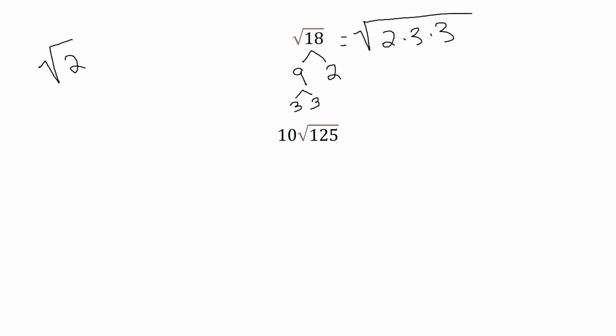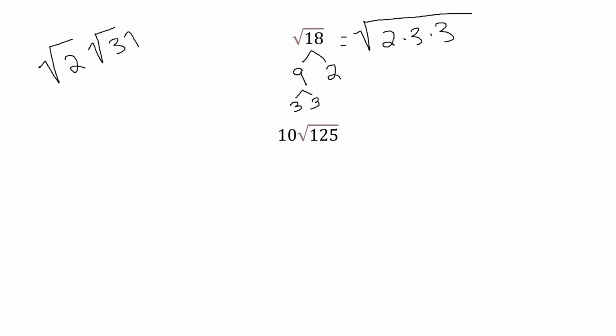This first one is square root of 18. So step 1, break into its prime factors. I'm going to do 9 times 2. You can do 6 times 3. You'll get the same place. 9 is 3 times 3. So the square root of 18 is equal to the square root of 2 times 3 times 3. That is the same thing as this.